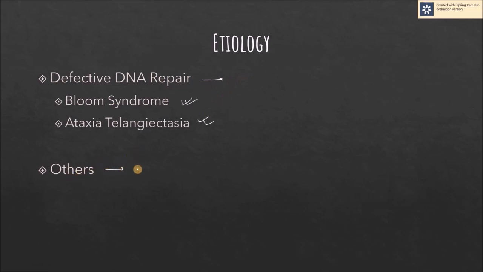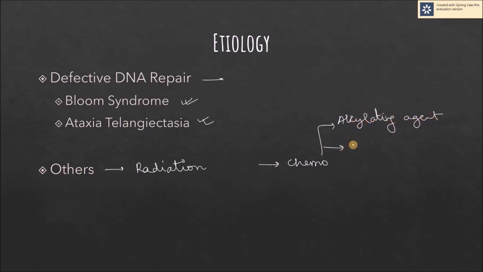Other causes are radiation exposure and chemotherapy involving alkylating agents and topoisomerase inhibitors. So these two can also lead to blood cancers, including acute myeloid leukemia.